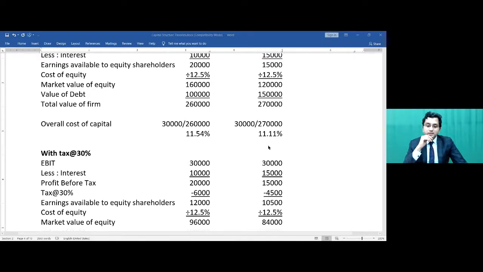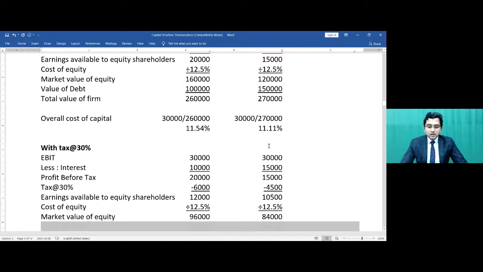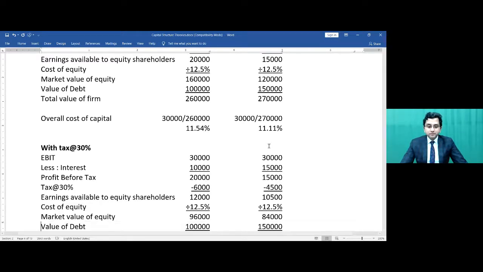So without tax, market value of equity was 160 and 120. But here it is 96,000 and 84,000. I hope the calculation is correct. If any calculation has gone wrong, then please intimate me. Now I'll add value of debt, which was 1 lakh and 1,50,000.